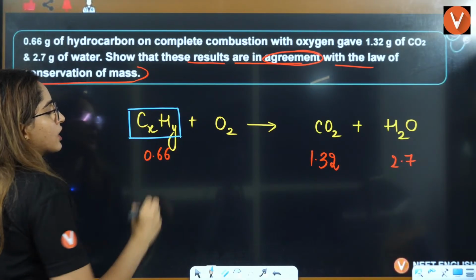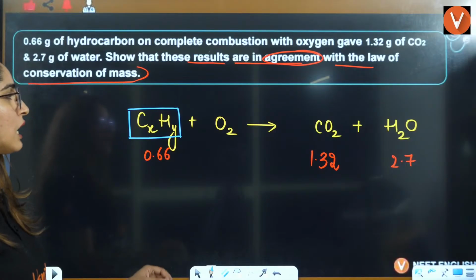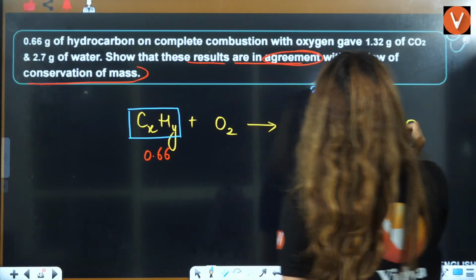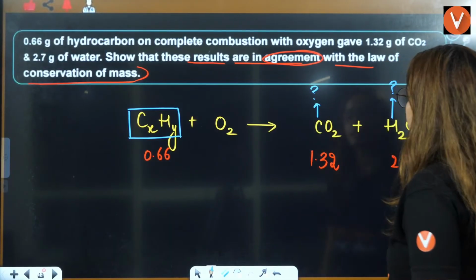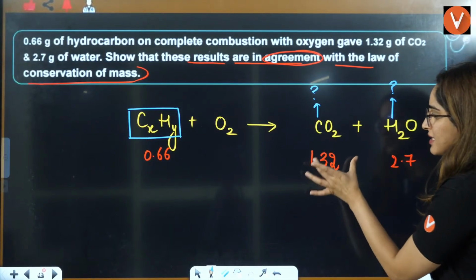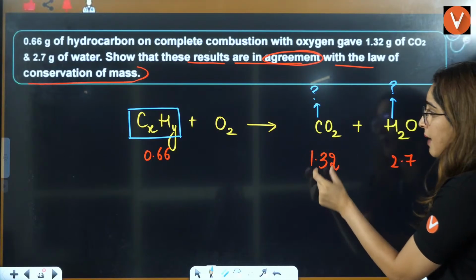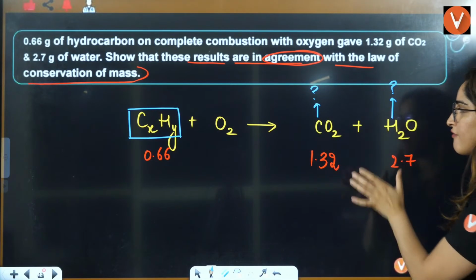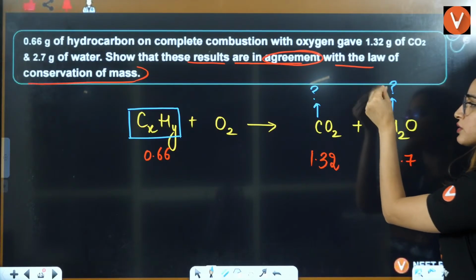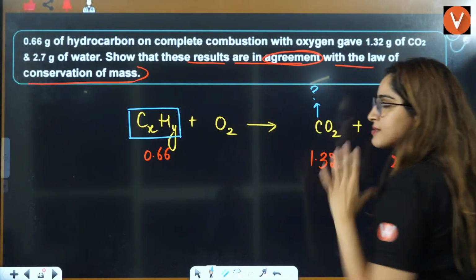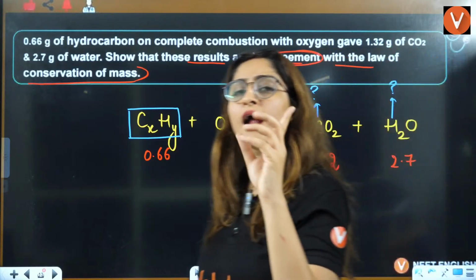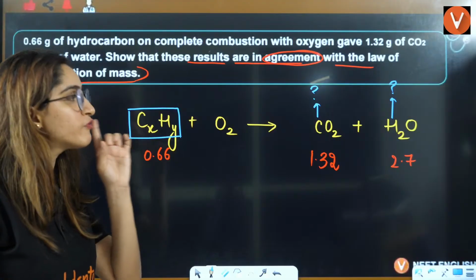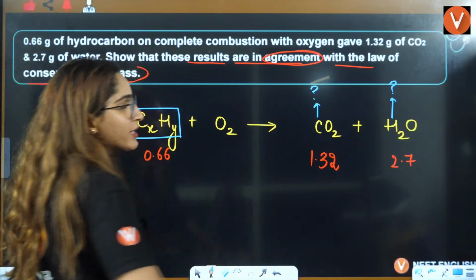You need to find out how much carbon is there, how much hydrogen is there. If you are able to find out in this gram how much carbon you have, and in this gram how much hydrogen you have, if the addition of these two things is equal to 0.66, then can you say that this is in accordance? But for that, ma'am, how to find out this thing?